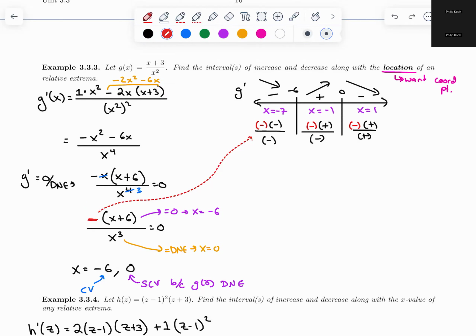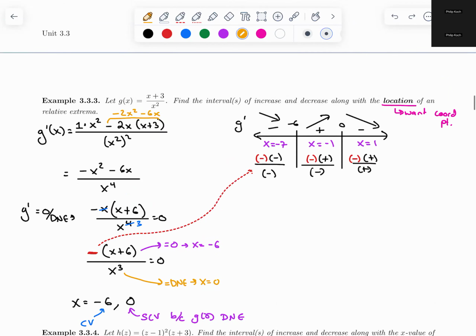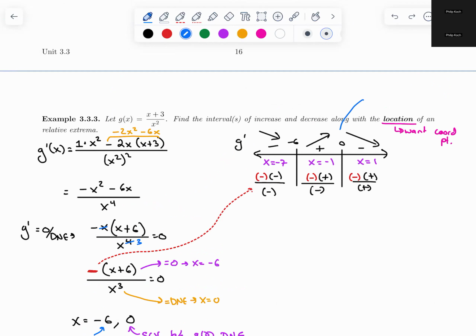Okay. So it is asking me for the location, not just the x value. That's one of the reasons why I like being asked for the location, because it can tell you immediately that one of these things is not actually a relative maximum. 0 is not a relative maximum, because g of 0 does not exist.